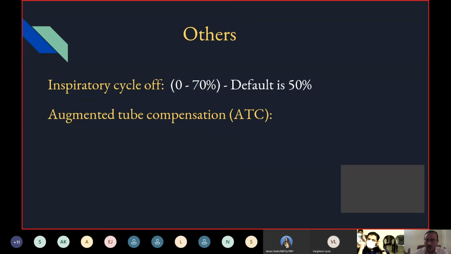So you can always do a spontaneous breathing trial, but restrict that T-piece trial to around 20 minutes. If he's fine without any support, then you can probably think of taking it off.